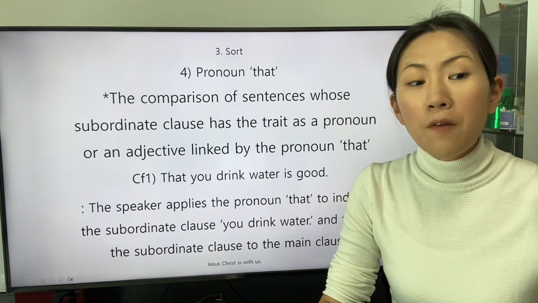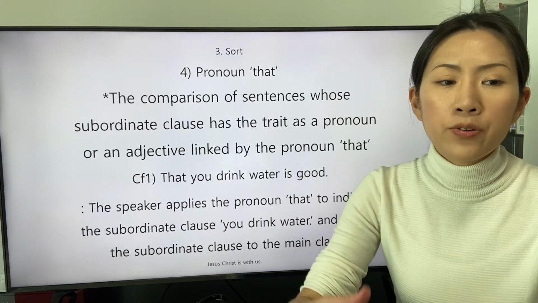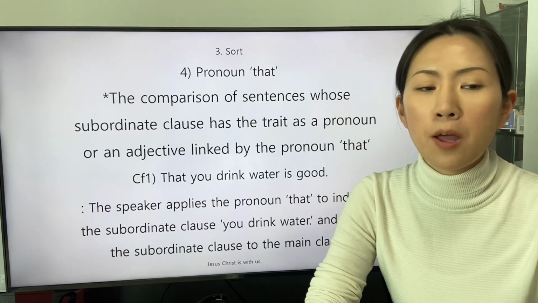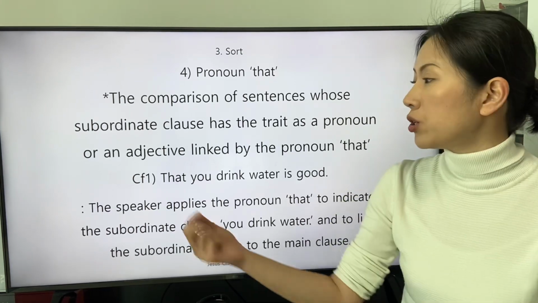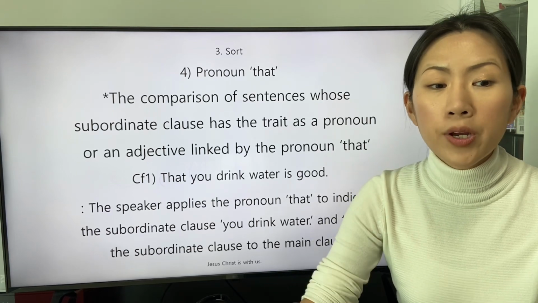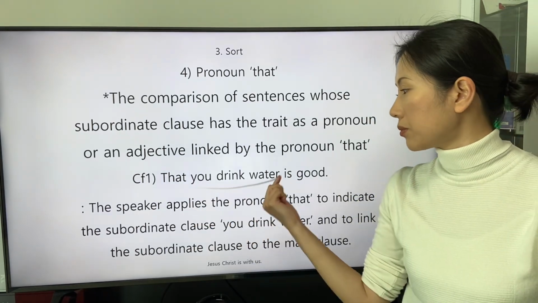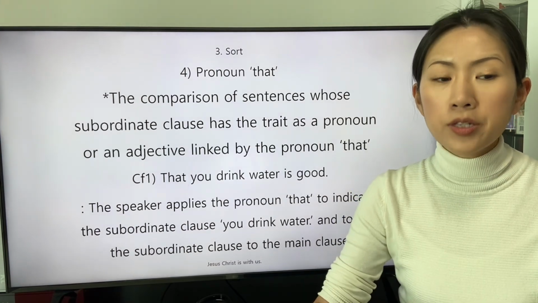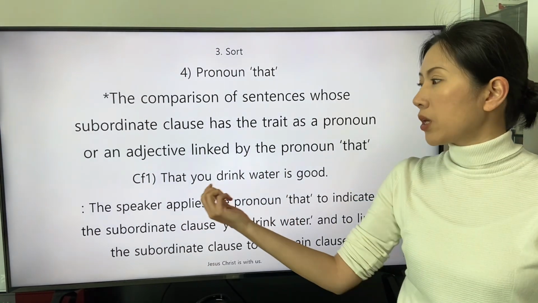The first example is this: that you drink water is good. The speaker applies the pronoun that to indicate the subordinate clause, you drink water, and link the subordinate clause to the main clause.